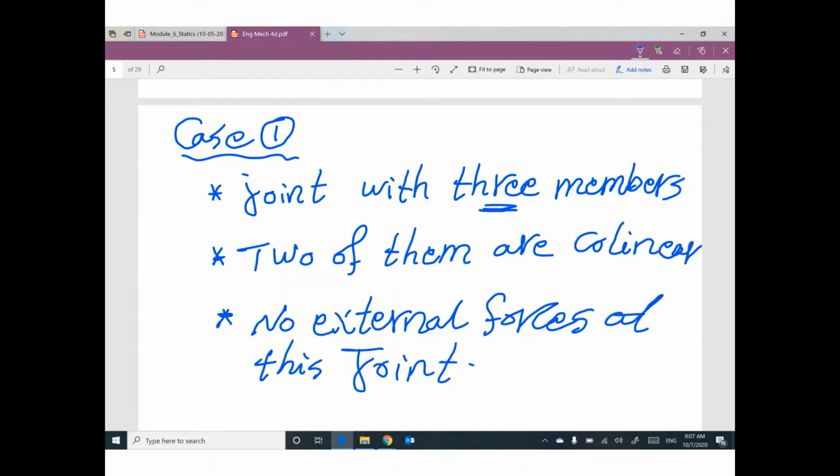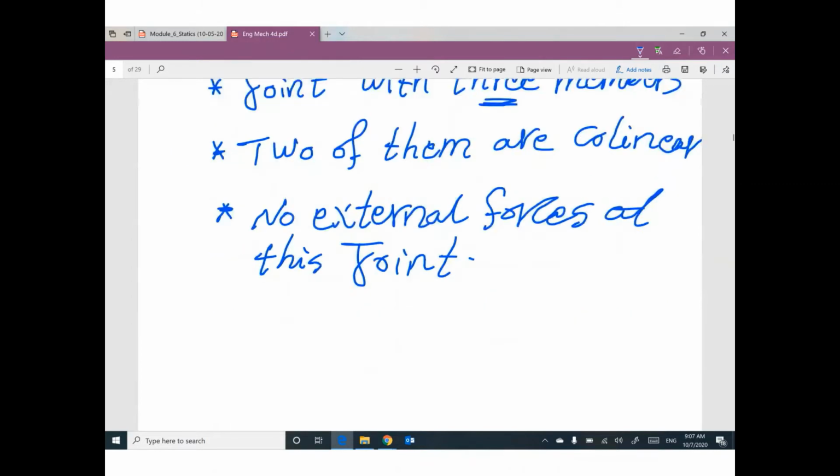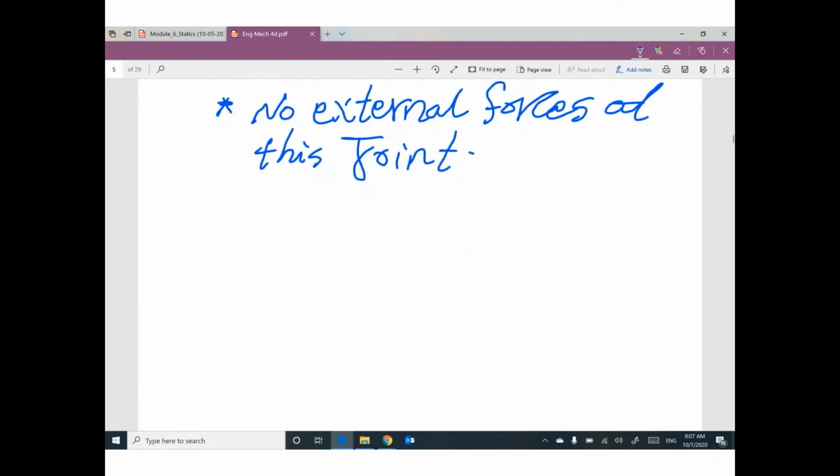So just to give you an example, this joint has 3 members. This joint has 3 members. This joint has 3 members.